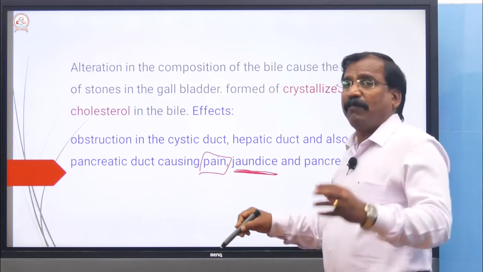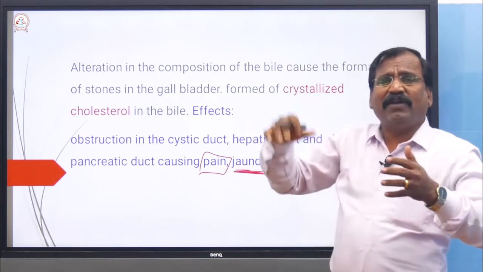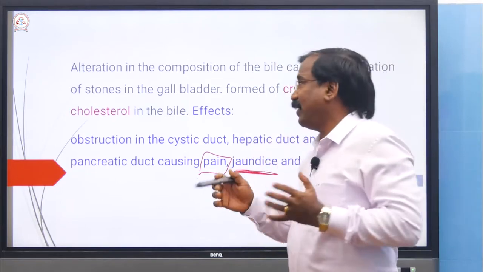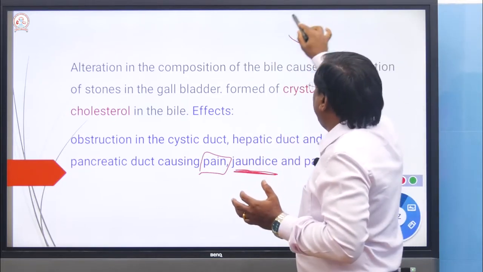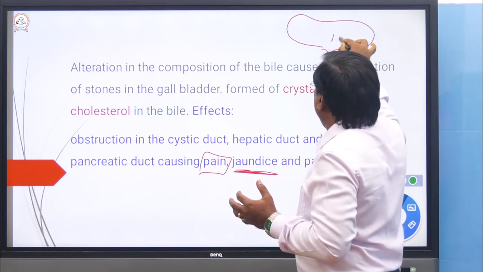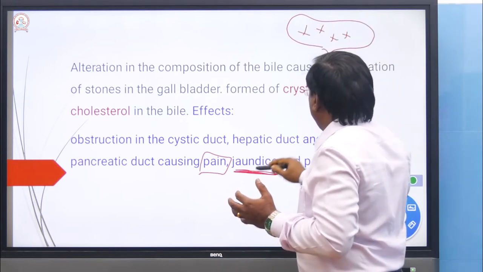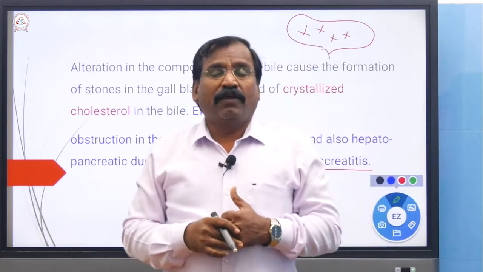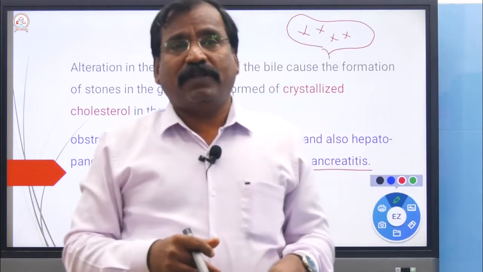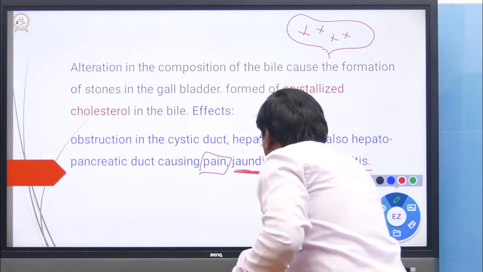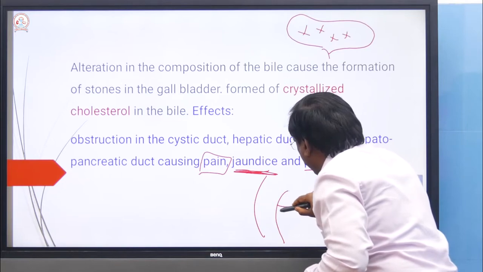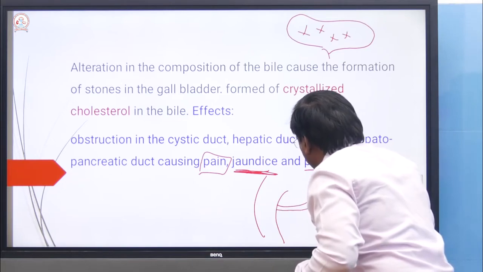Jaundice. Once again, the bile which is not delivered is accumulated in the liver, so the liver gets damaged. That is called jaundice, and also pancreatitis. The pancreas also gets blocked in the hepatopancreatic region. Here is the hepatopancreatic duct, the common duct of the hepatic duct and pancreatic duct.